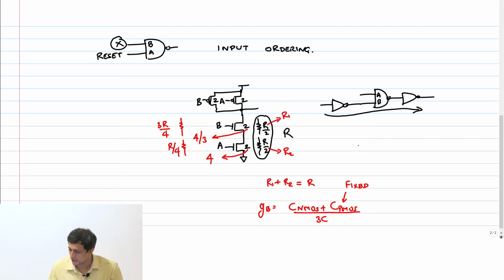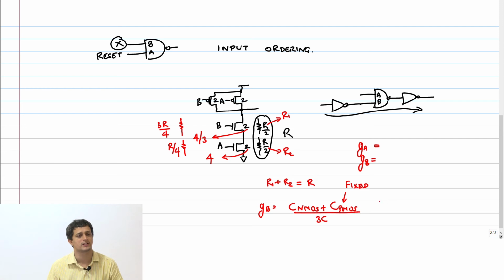So what is the logical effort of the two inputs now, GA and GB? What is GB first?